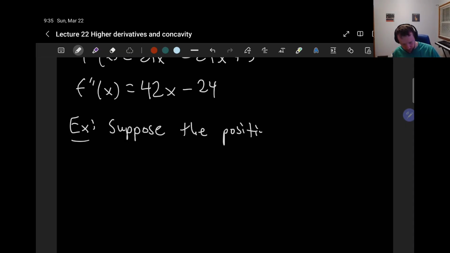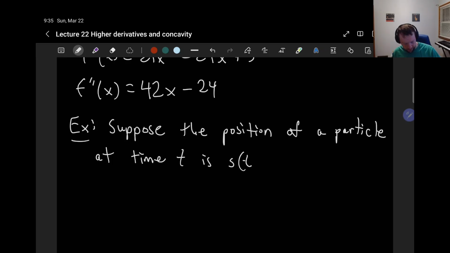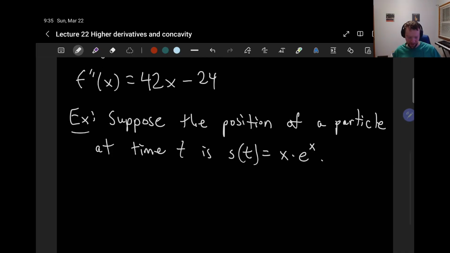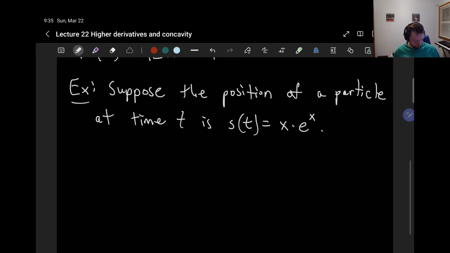Suppose the position of a particle at time t is s of t, which is t times e to the t. That might not be a very realistic position function, but it works for this problem.